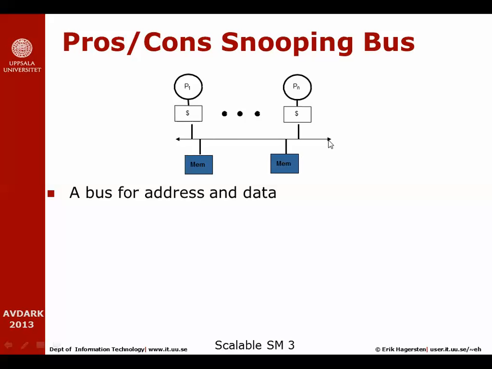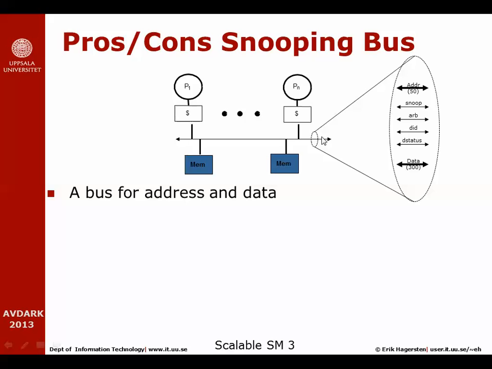And even though this is a puny little wire in this picture, we all remember that the signals needed to implement that kind of cache coherence are maybe in the order of 400 signals, where about 300 or so of them are used to implement data broadcast on that bus. About 50 or so are used to implement address and command broadcast. And then we have some groups of signals that implement snoop results, arbitration, data ID, data status, and so on.